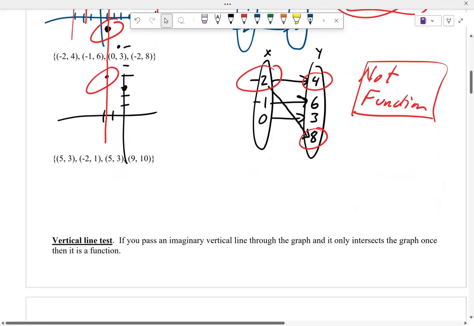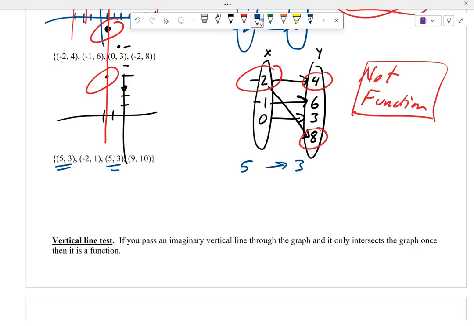Now, without mapping or without graphing, is this last one a function or not? Hopefully you notice that this one, without even mapping it, see that 5. Oh, I'm sorry, that 5 goes to 3. Well, actually, let's look at this. 5 to 3. That's the same point.